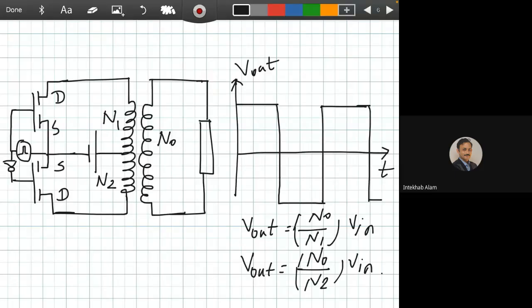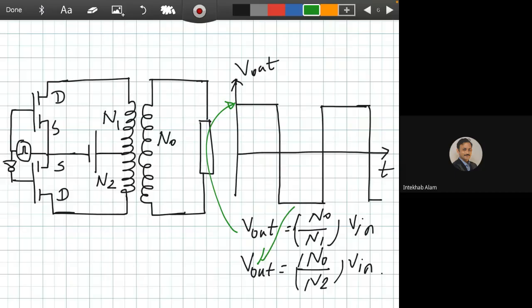So this one is from here and this one is for here. If N1 and N2 are not equal, then the output will also become unequal. Okay, inequality, you will find it.